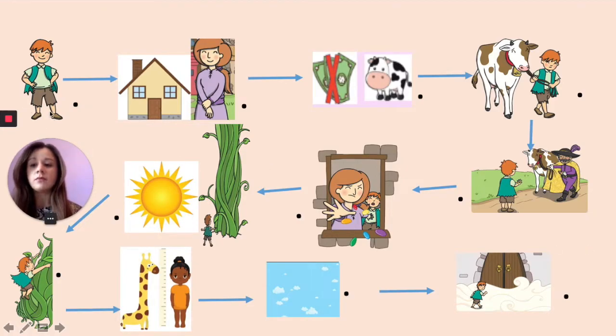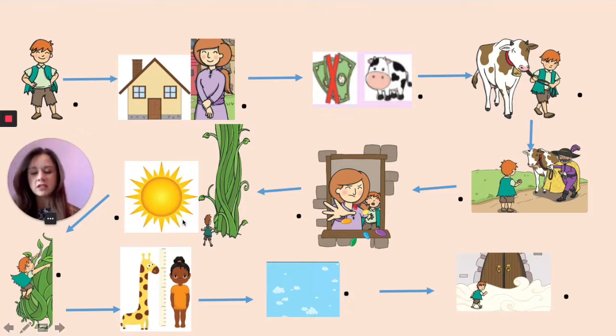There once was a boy called Jack. He lived in a house with his mother. They were very poor and their most valuable possession was a cow. One day Jack's mother sent him to sell the cow at the market. On the way, Jack met a man who wanted to swap the cow for some magic beans. When Jack got home, his mother was very angry and threw the beans out of the window.